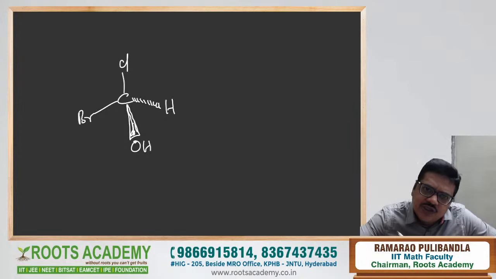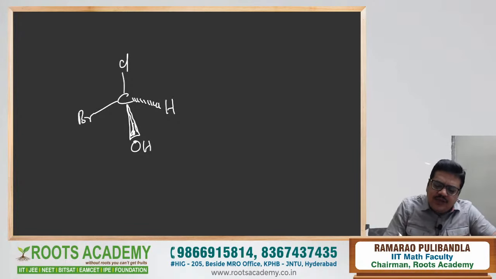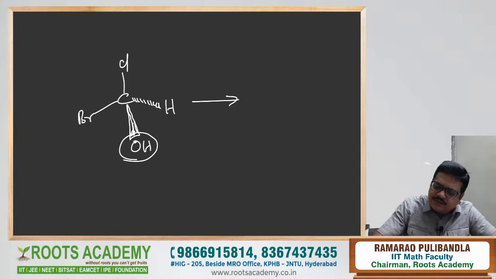How to convert this three-dimensional into two-dimensional? Who is observing you? OH is observing you. You can hold with your hand. So first you write carbon. Now this carbon is connected by OH, so you write OH this side, and you write chlorine above.